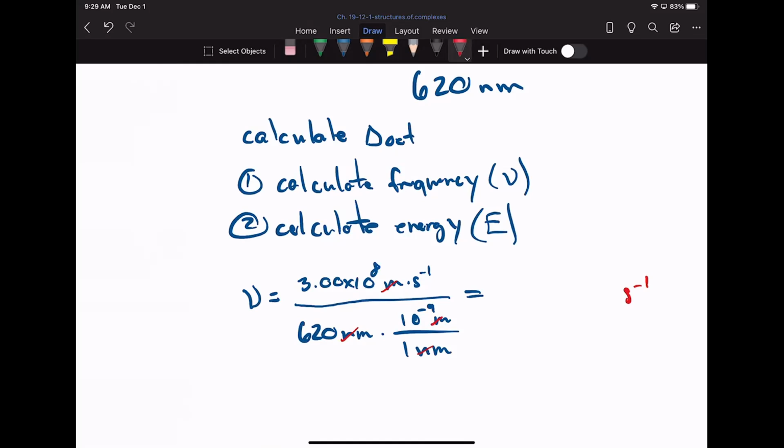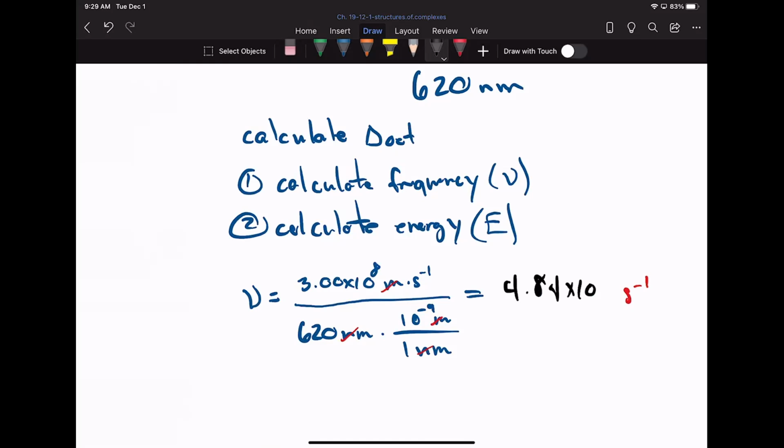If I did this correctly, I got 4.84 times 10 to the negative 4.